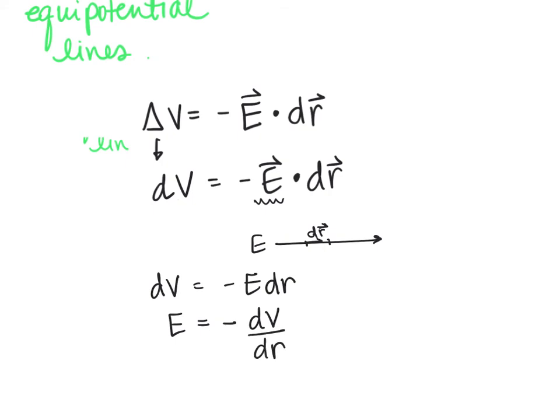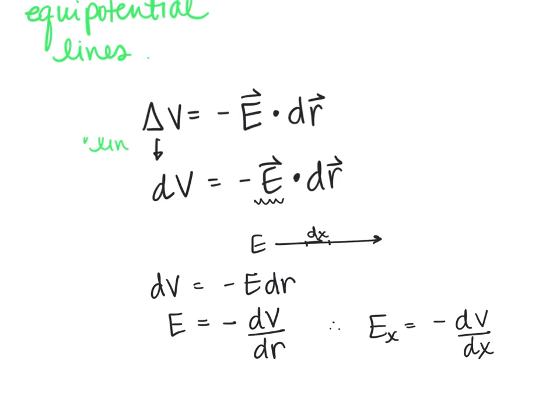Now I've used that r to mean any change in position, x, y, z, it doesn't really matter. So let's say, because of the direction I've drawn up here, that this isn't just dr, but this right here is a dx. So then I would have that the electric field in the x direction would be equal to the negative derivative of the electric potential function with respect to x.